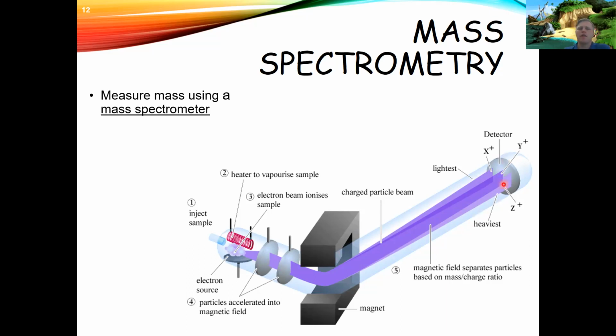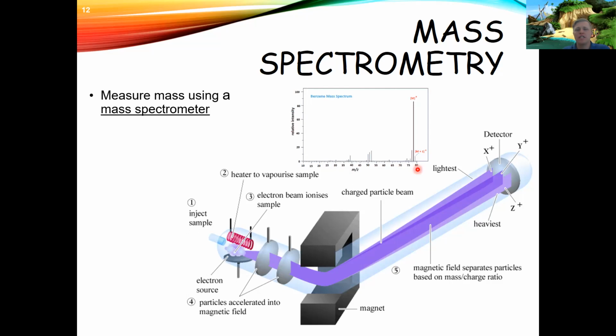And then they fly and hit some detection plate. And based on where they hit, we can figure out what exactly they weigh. So we can now weigh individual molecules, and we get something that looks like this, which we call a mass spectrum. On the x-axis, we plot the mass. We actually plot it as mass divided by charge.